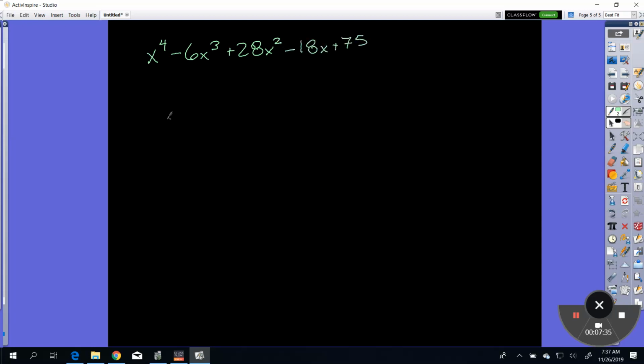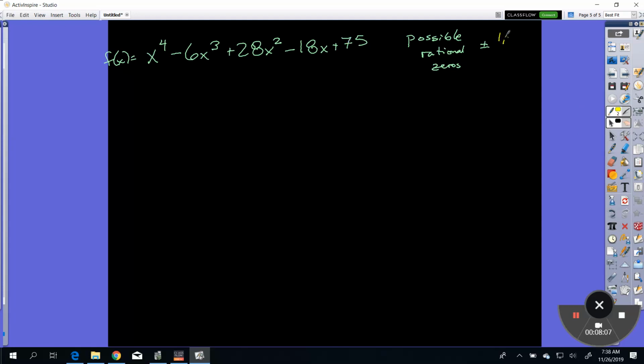So there's the problem. What are possible zeros? And even though it says possible, that doesn't mean they're all going to work. These are just some possibilities. Factors of?